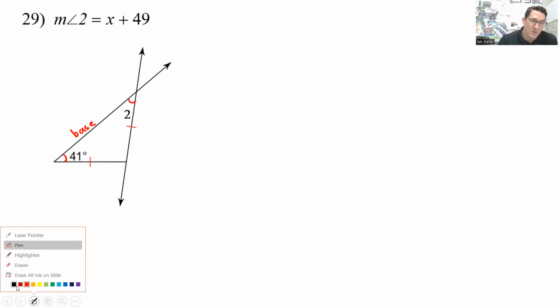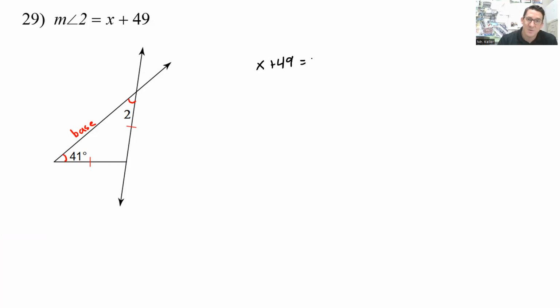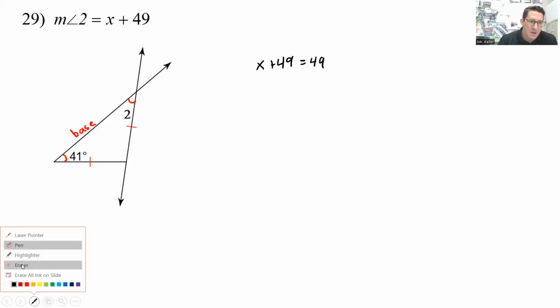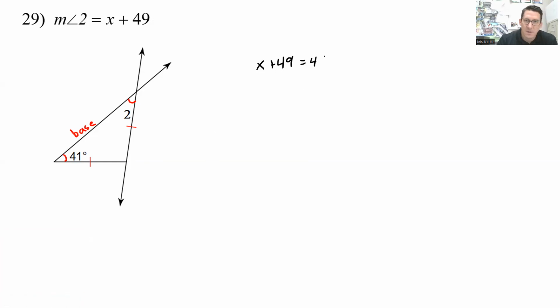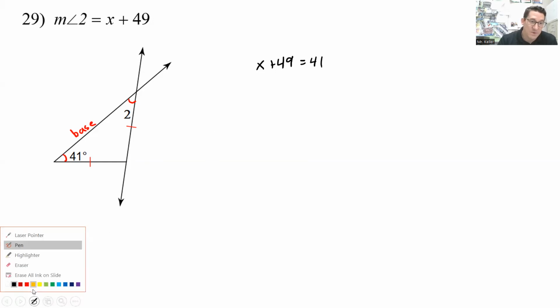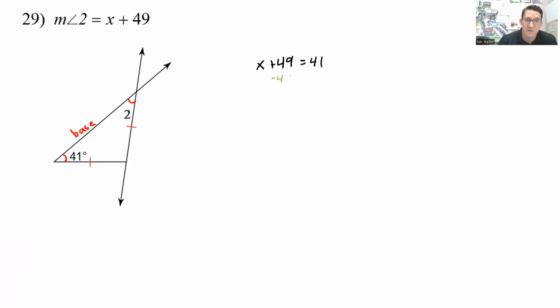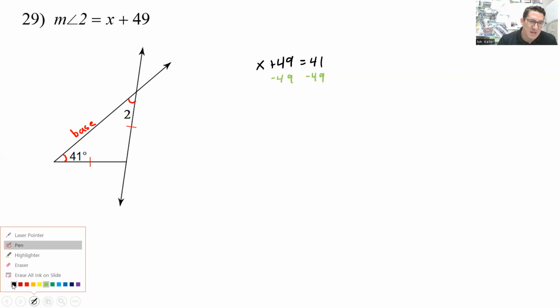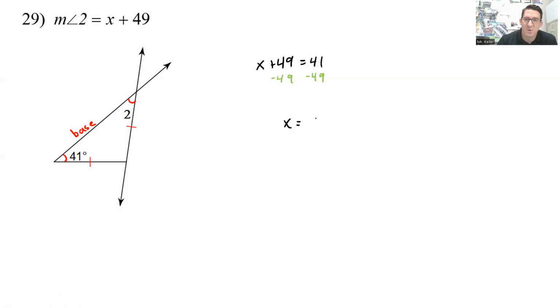So angle 2, x plus 49, is equal to 41. Subtract 49 from both sides to solve. It is going to come out to be a negative, and that's okay for this one. X is equal to -8.